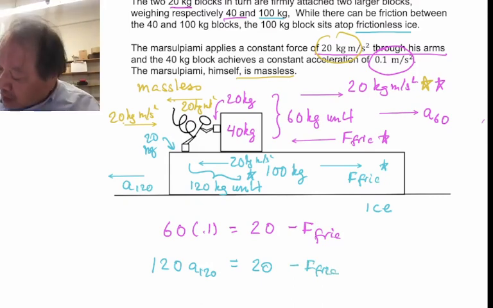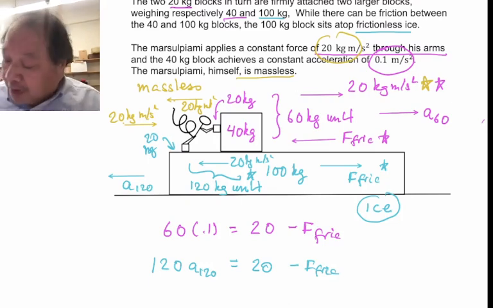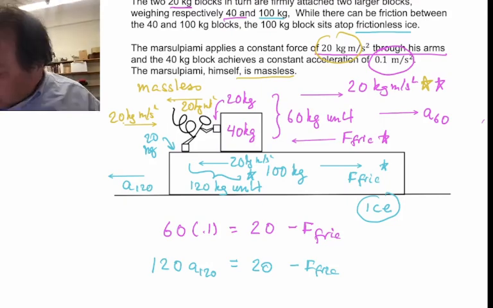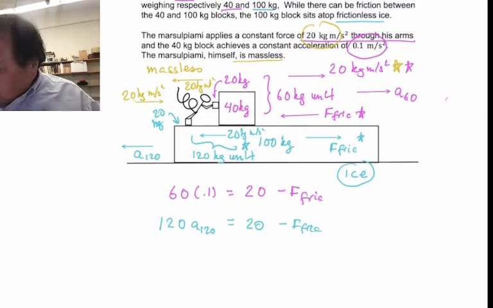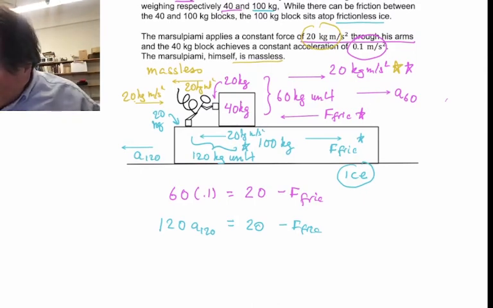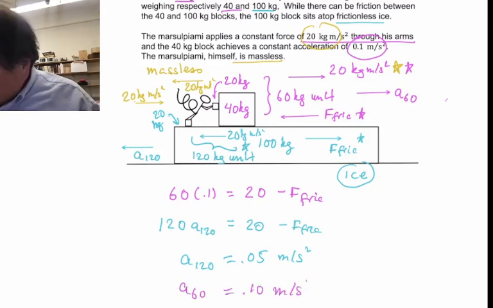There's no other force because it's on frictionless ice, and we see that the two forces for both the magenta and the aqua region are exactly the same amount. And this is important because that means that since the aqua region is twice as massive, its acceleration will be half as much. A120 is 0.05 meters per second squared, while A on the 60 region is 0.10 meters per second squared.